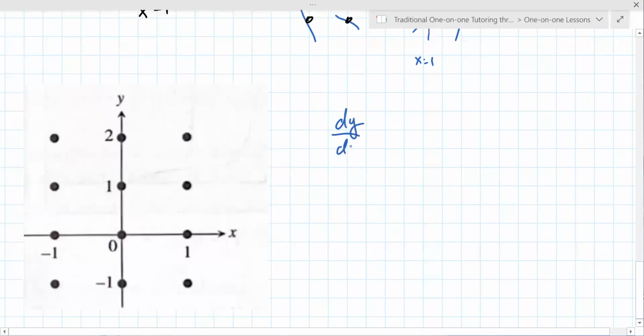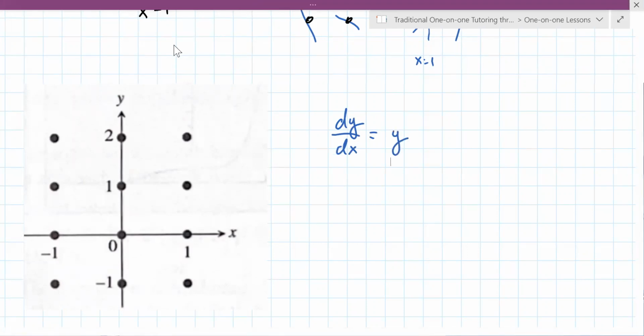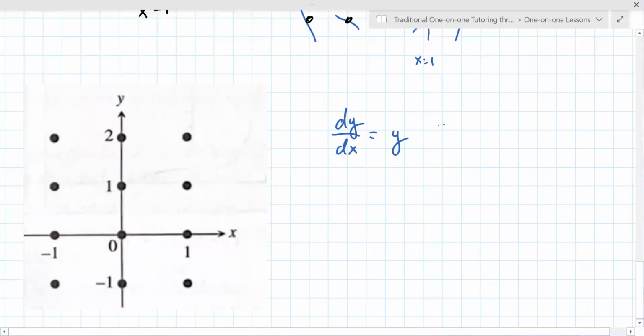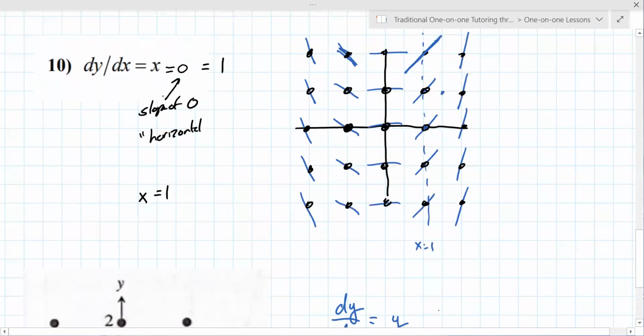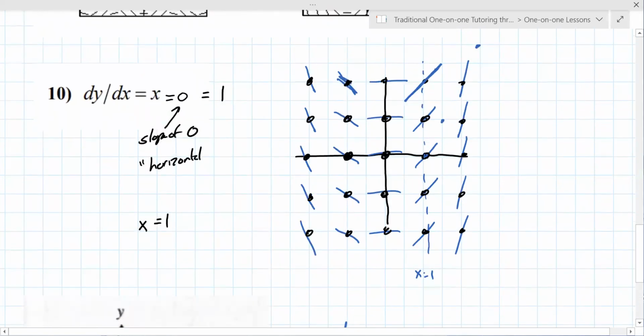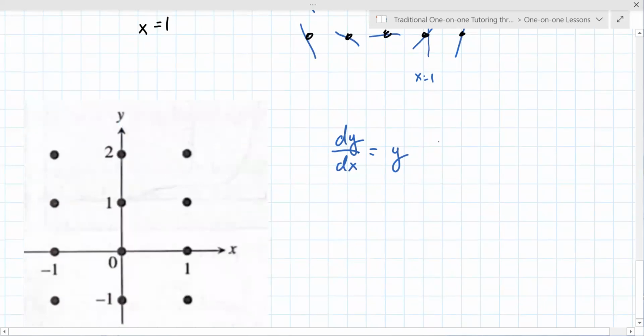I'm going to ask you to graph dy/dx equals y. It's really similar to the previous one. We can look at this again. It's similar, but it's not the same. So take a minute or two, work your way through that, and then I'll show the solution here shortly.